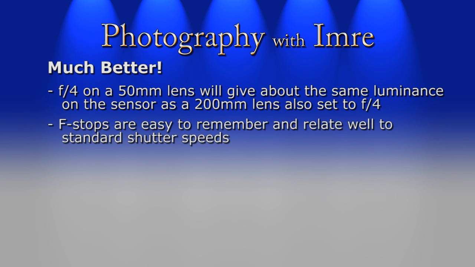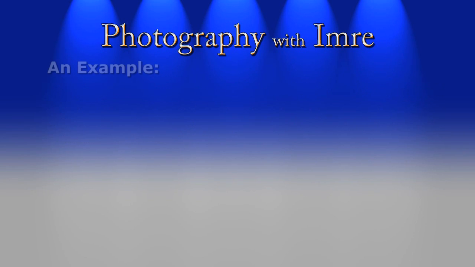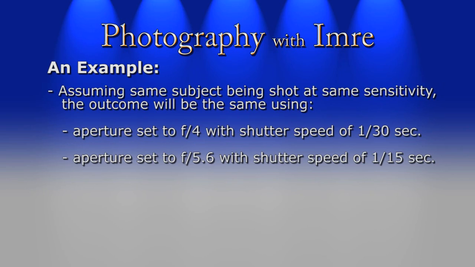F-stops are also easy to remember and relate nicely to standard shutter speeds. For example, assuming we're shooting the same subject using the same ISO or sensitivity setting, you'll get the same exposure if you shoot with an aperture of f4 at a shutter speed of 1/30th of a second, or at f5.6 at a shutter speed of 1/15th of a second.